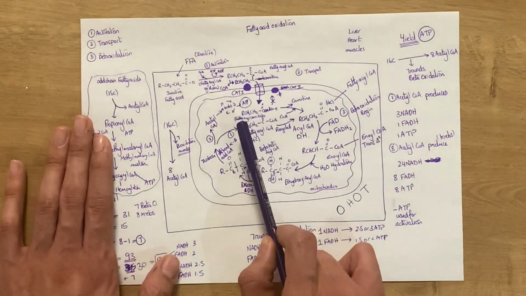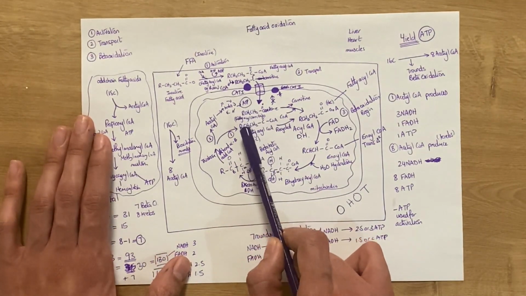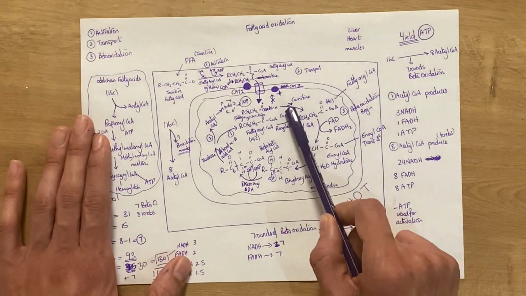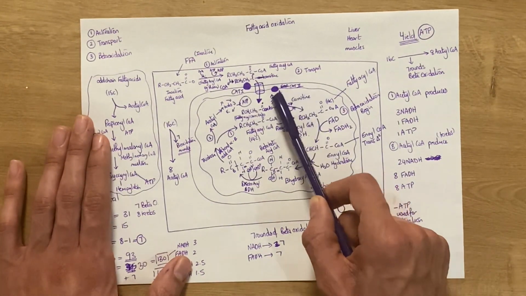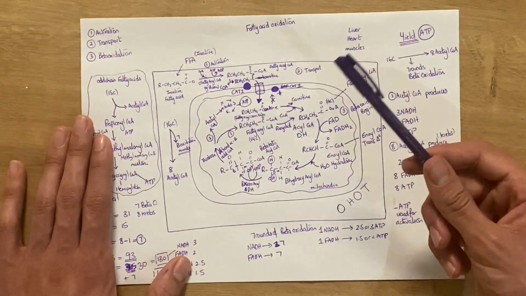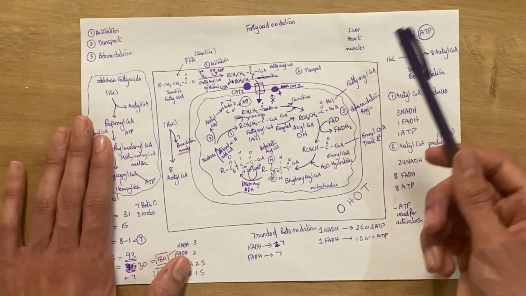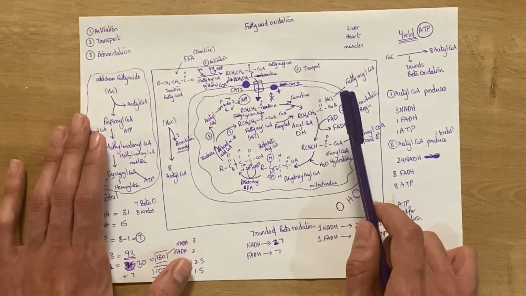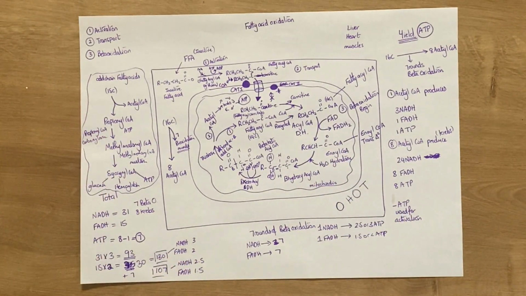This converts the fatty acyl carnitine back into fatty acyl CoA by the release of carnitine. Carnitine is taken back outside for recycling and transporting of more fatty acyl CoAs. When we have this molecule, fatty acyl CoA, now we are really ready to go into beta oxidation.